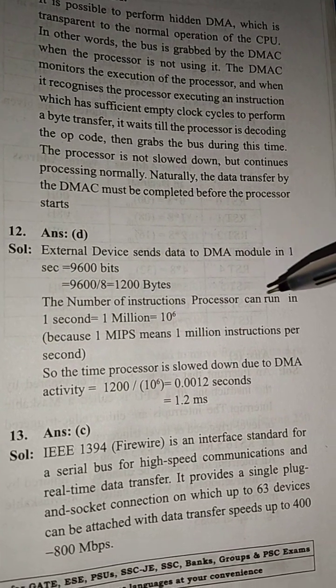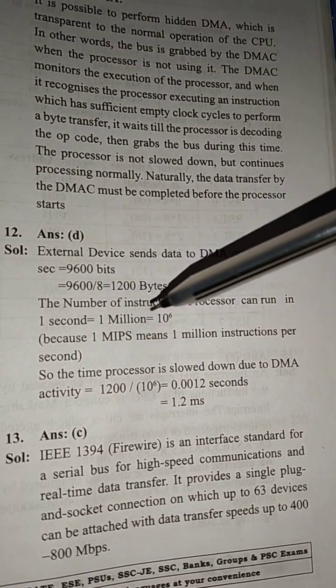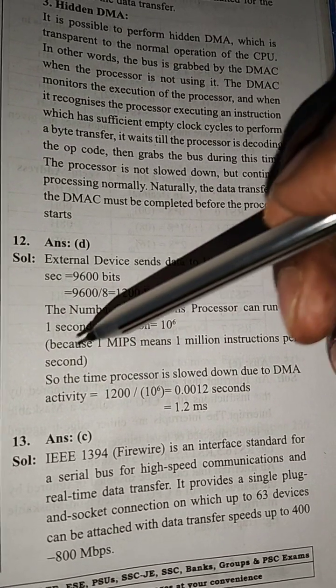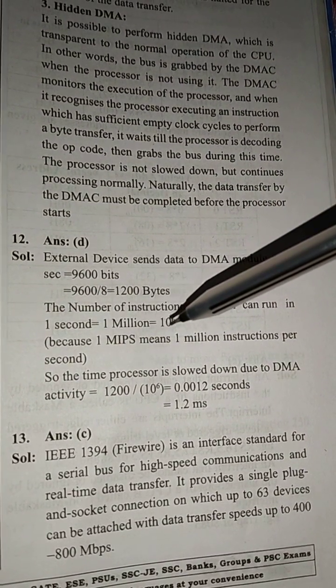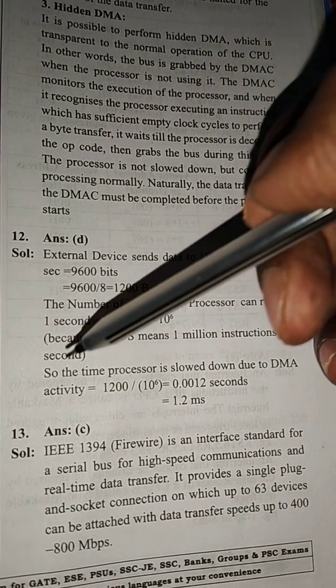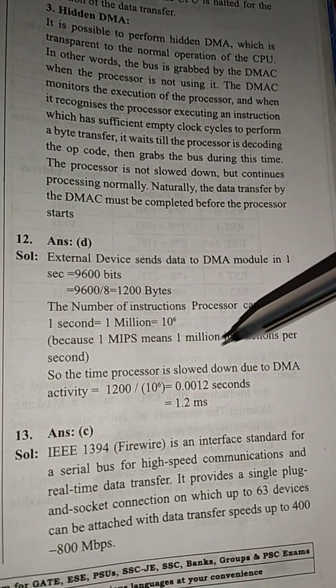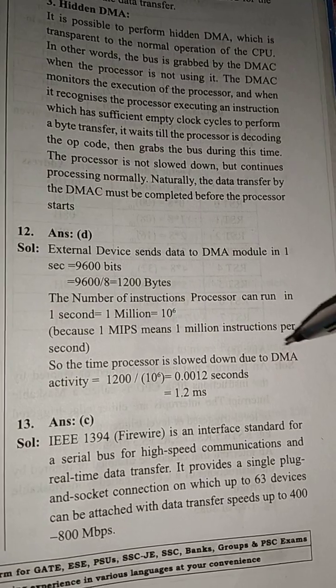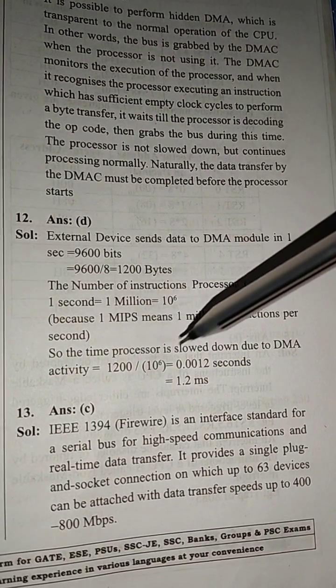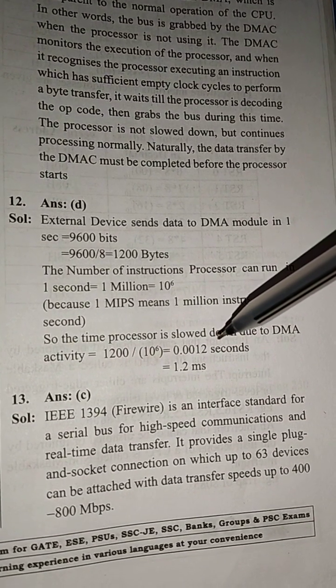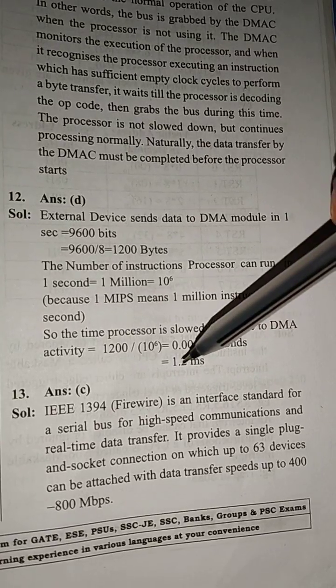The number of instructions the processor can run in 1 second is 1 million, that is 10 to the power of 6, because 1 MIPS means 1 million instructions per second. So the time the processor is slowed down due to DMA activity is equal to 1200 by 10 to the power of 6, that is equal to 0.0012 seconds, that is equal to 1.2 milliseconds.